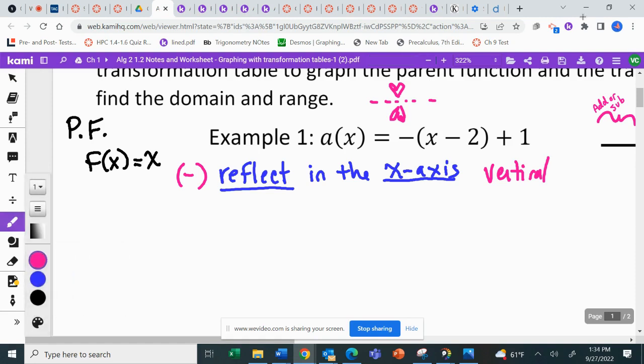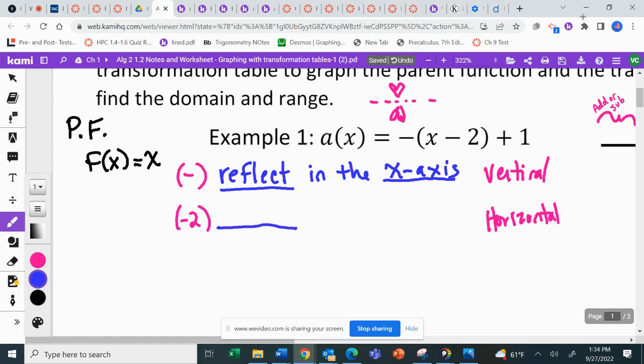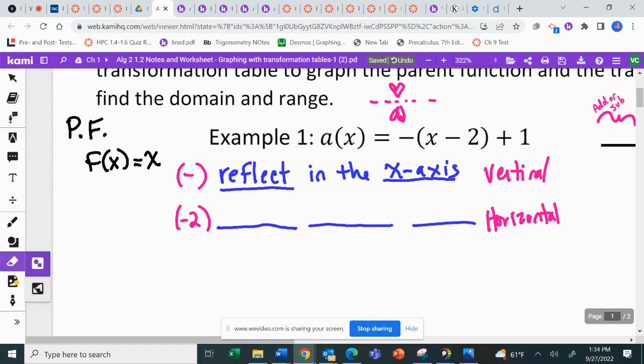And then the second thing we come to is this subtract 2. Is that on the inside or the outside? It's on the inside, and anything inside is horizontal. The blanks would be blank, blank, blank units.